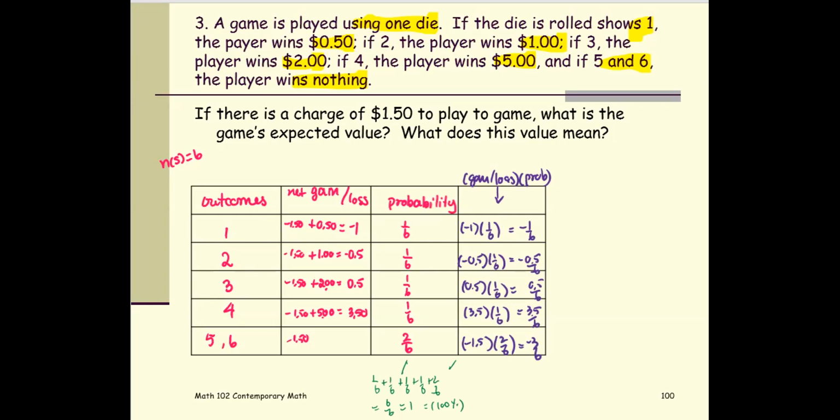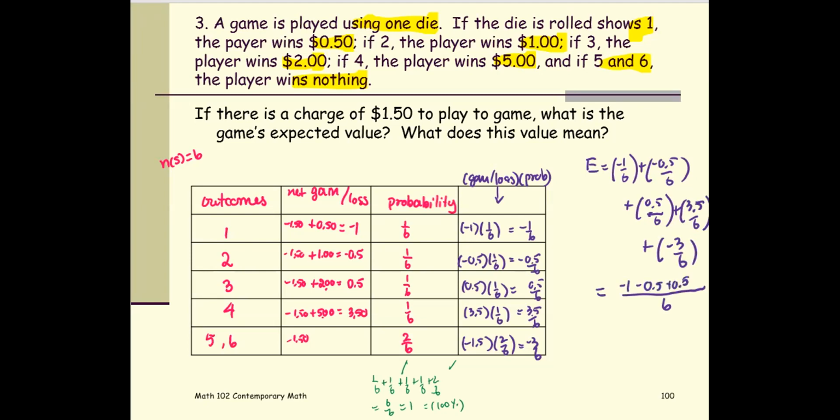Then the expected value, which we represent using the letter E, is the sum of these 5 numbers: -1 over 6 plus -0.5 over 6 plus 0.5 over 6 plus 3.5 over 6, and then plus -3 over 6. Since all of them have the same denominator, I just simplify the numerator as -1 minus 0.5 plus 0.5 plus 3.5 minus 3.